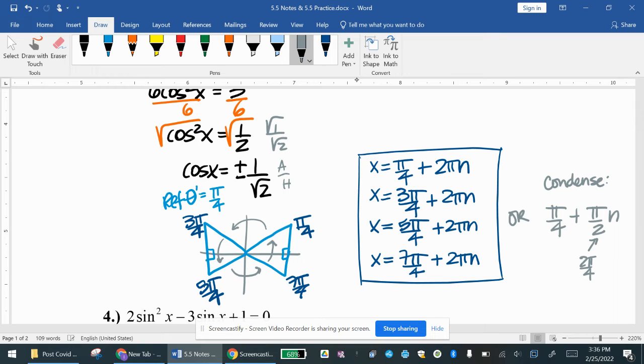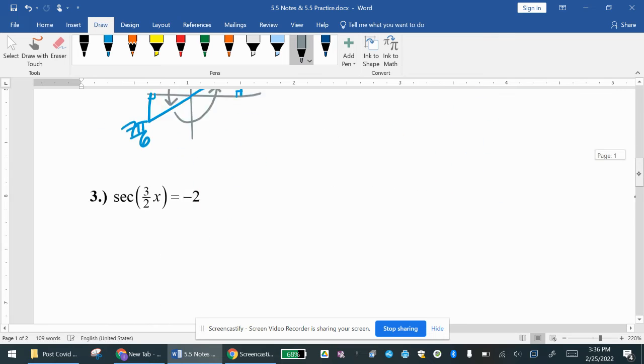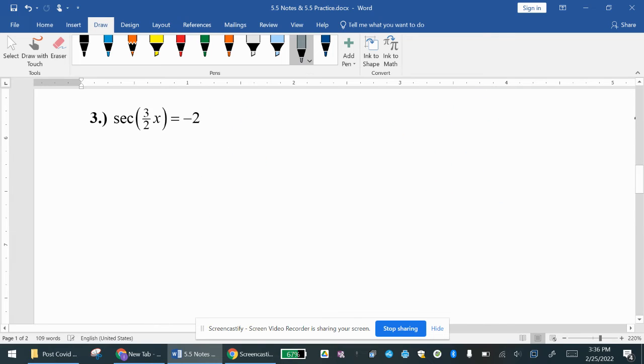Right? That reduces to 1/2 pi or pi over 2. Remember, you can pause the video, rewind anytime you have to, okay?